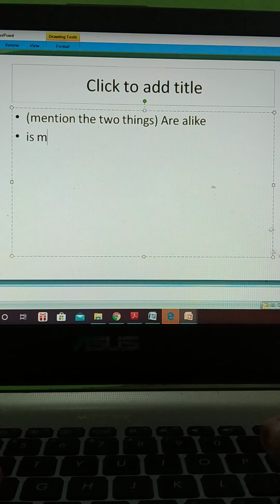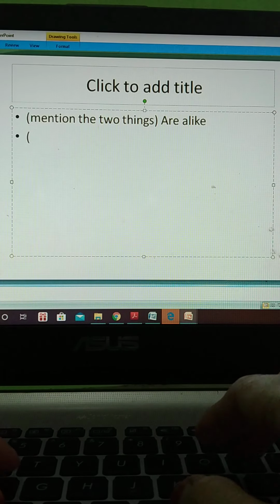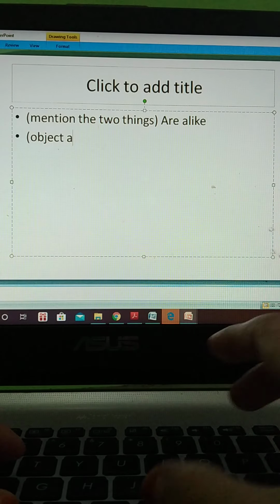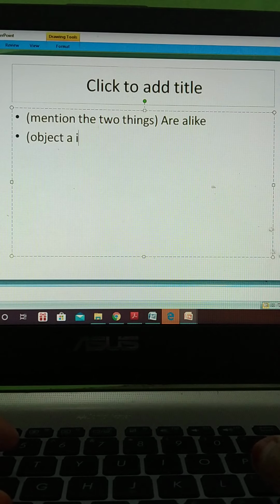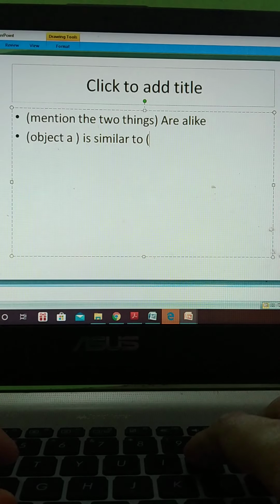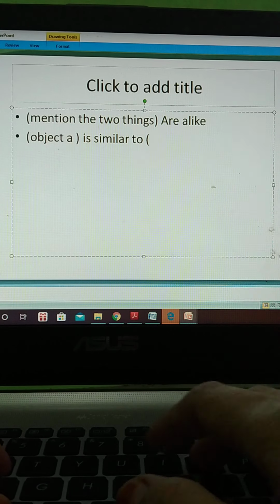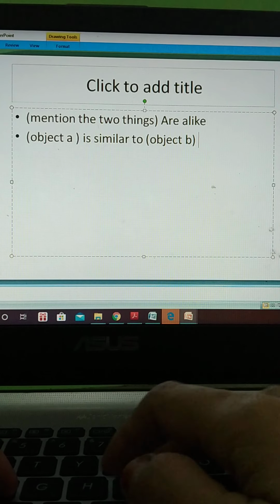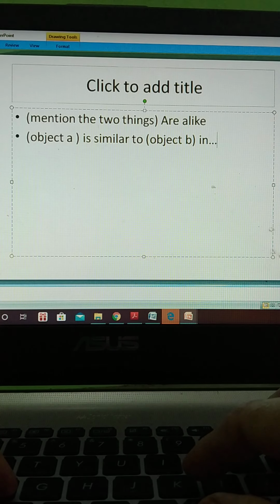This object A is similar to object B, in terms of what.